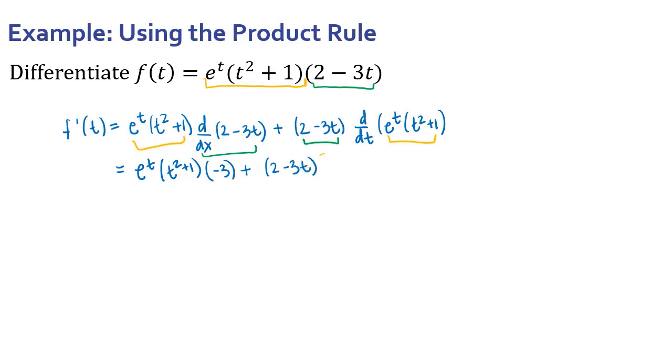Now, to find the derivative of this, I have a product again, so I'm going to have to use the product rule again. So now I'm going to have one function here, one function here. I'm going to apply the product rule again to figure out what this entire thing is.